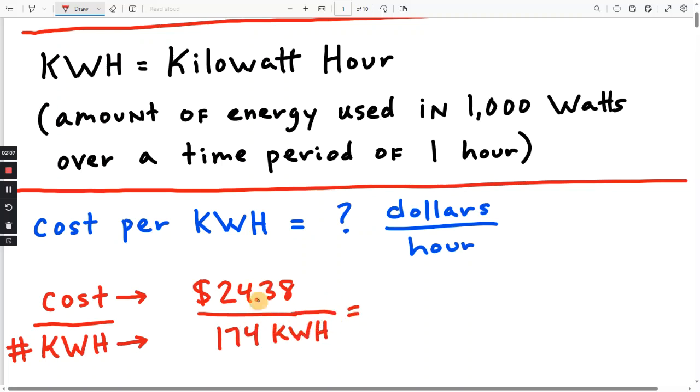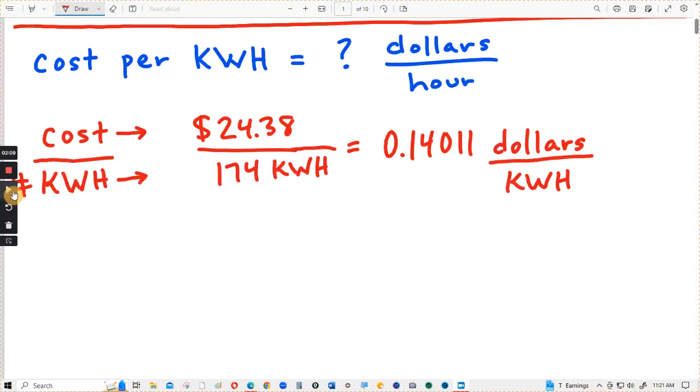So I'll do this on the calculator, and rounding off I get 0.14011 dollars per kilowatt hour. Okay, so it's approximately 14 cents. Now, if you want your most accurate answer, instead of rounding off, you can just store whatever answer you got. You can store that answer in the calculator.